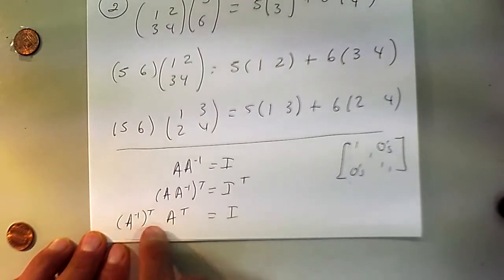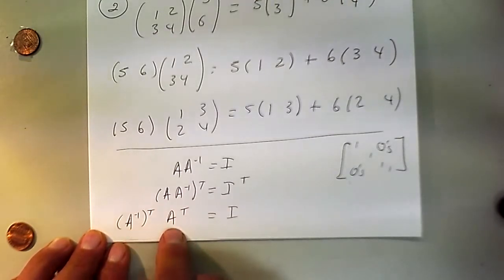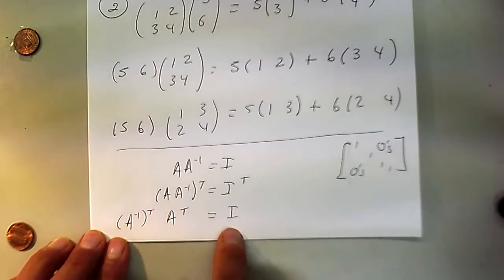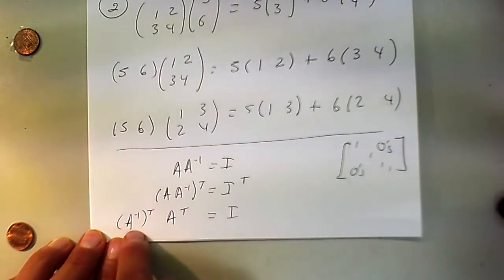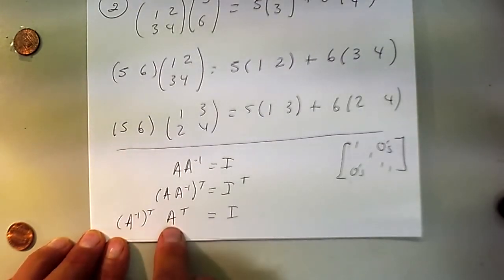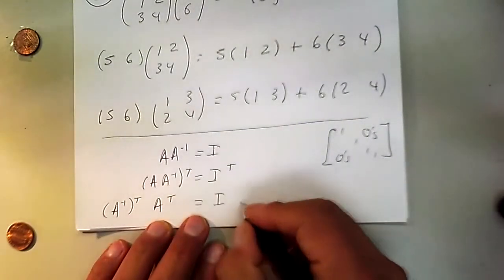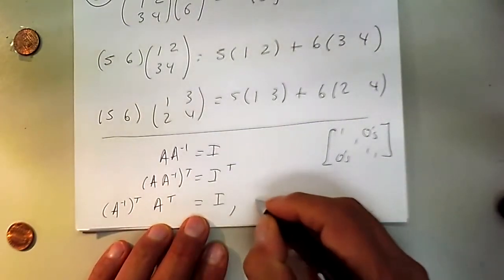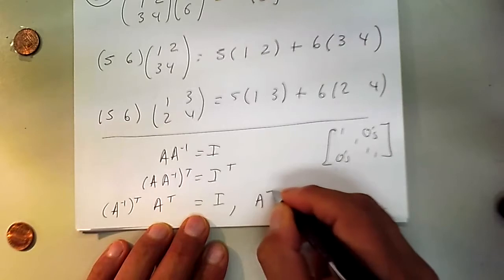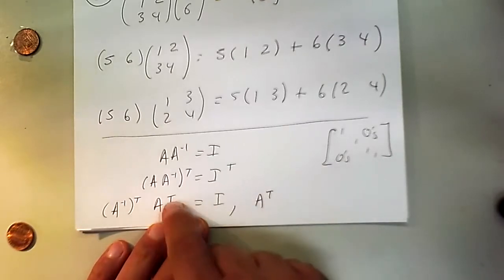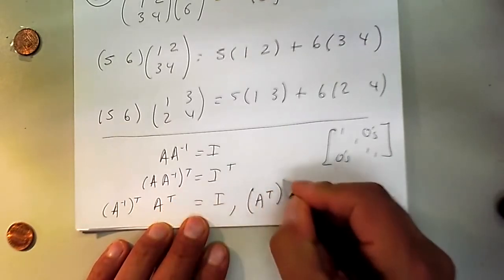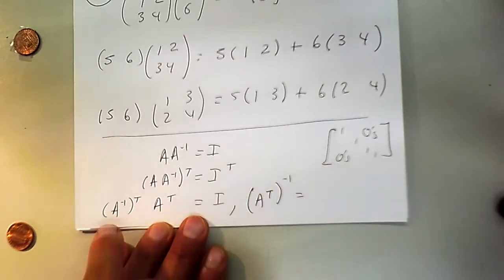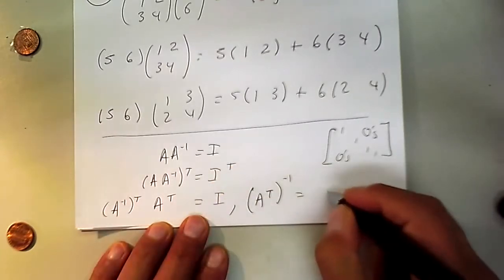Again, every time you multiply two matrices and we end up with the identity, that means that one is the inverse of the other. So the conclusion is that the transpose of A inverse is equal to that matrix precisely.